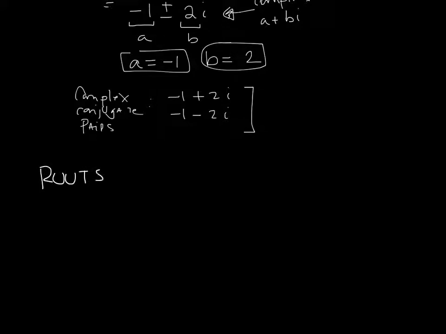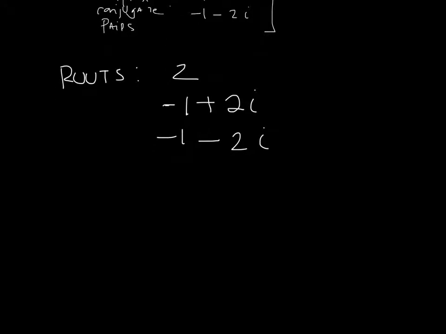Okay, so what roots did we find? One of them was 2. The next one was negative 1 plus 2i, and the other one was negative 1 minus 2i. Okay, so now let's use our theorems that we know, depending on the form it's in. So one of them is 2, right?